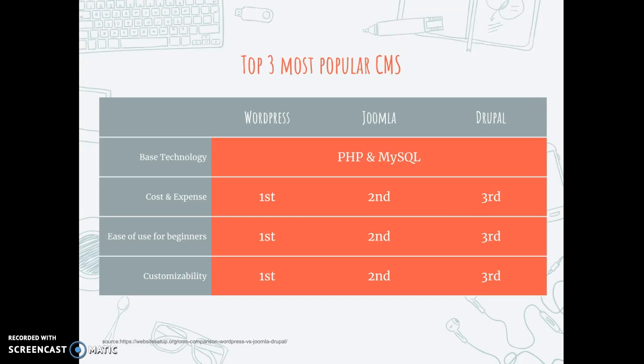Their similarities and differences, or their ranking in terms of these different parameters. But I just want to emphasize here that their base technology is PHP and MySQL. And for ease of use for beginners, WordPress is the easiest to use and most customizable because of the plugins and templates.